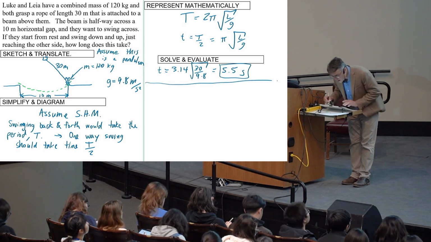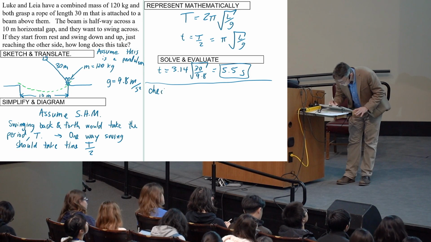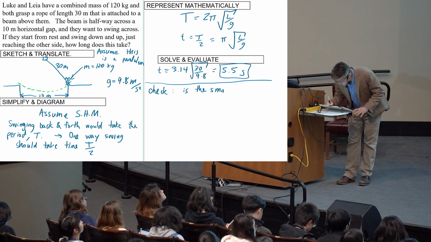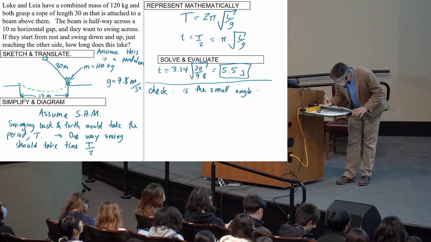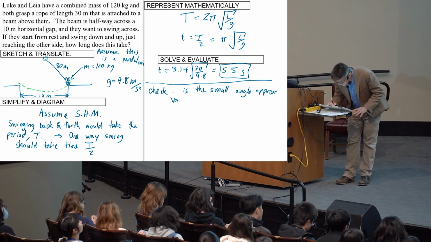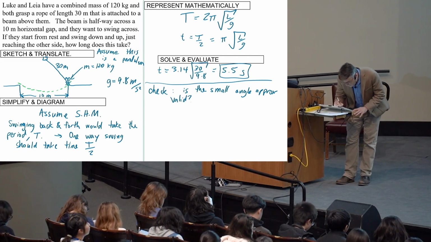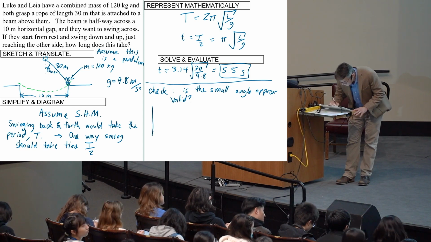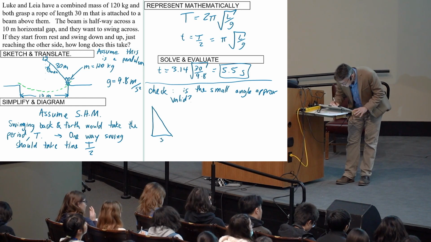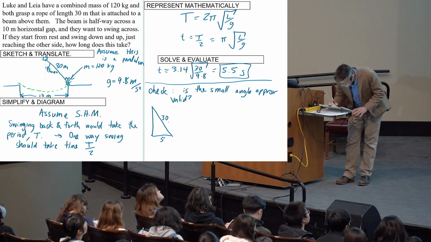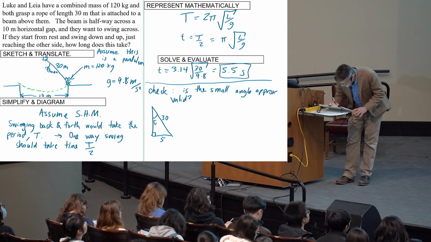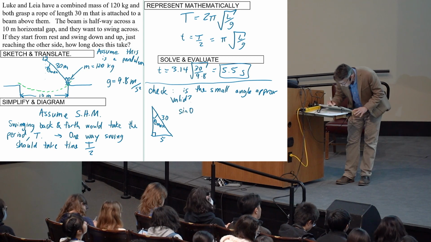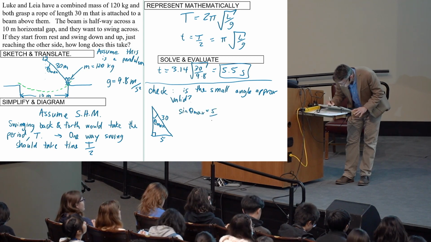One thing we might check is whether the small angle approximation is valid, which is what we just talked about. If we think of this as theta max, and this is 5 meters and the hypotenuse is 30 meters, and this is a right angle, I think we can find that sine of theta max is equal to 5 meters divided by 30.